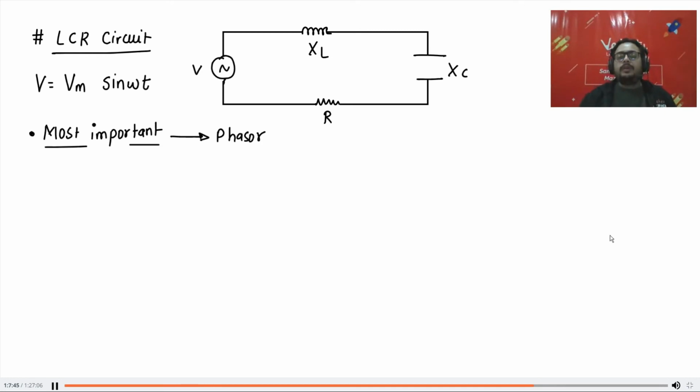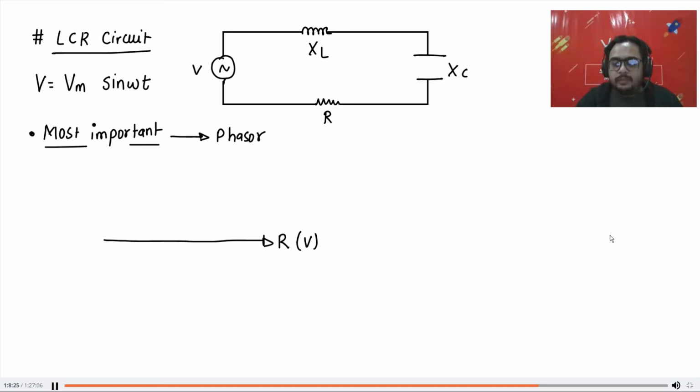In order to draw their phasor, we simply draw the resistor on the horizontal line. I am drawing the current. If I take the voltage in this line, then the current of the resistor will be in this line. Where will be the current of the capacitor?